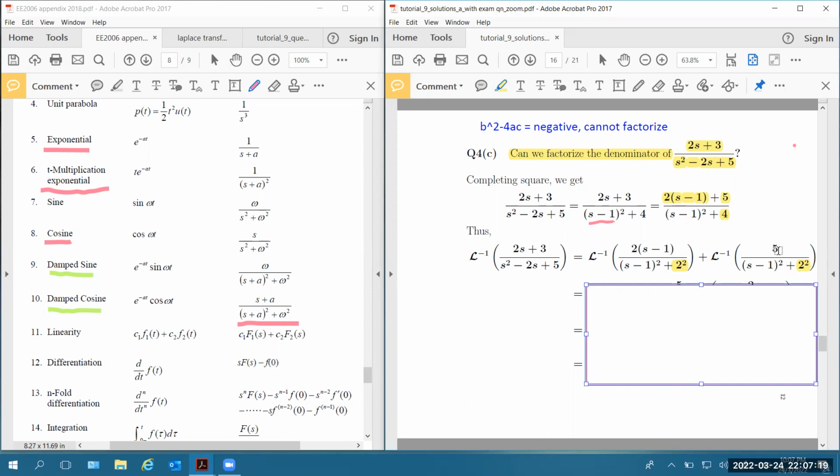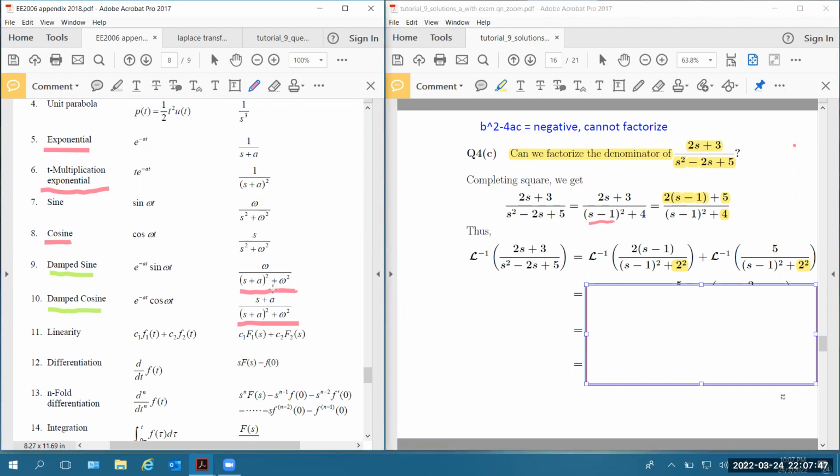The 5 here, because it's a constant, can be easily adjusted. You see the denominator is (s minus 1) squared plus constant squared, and your numerator is a constant. So this can fit, I'm not saying it fits now, but it can fit this one.